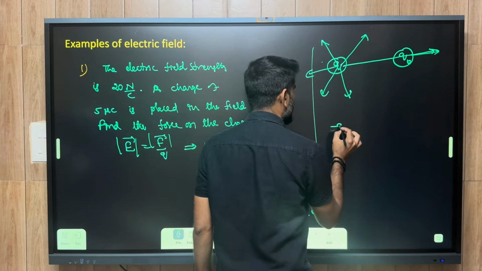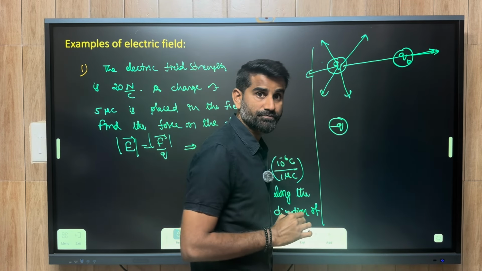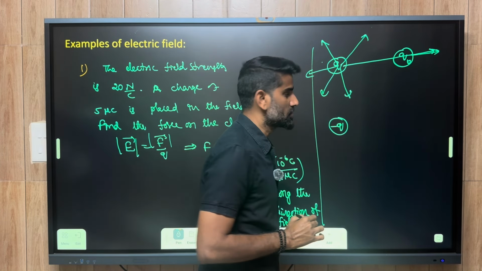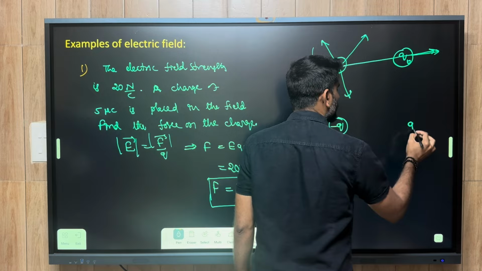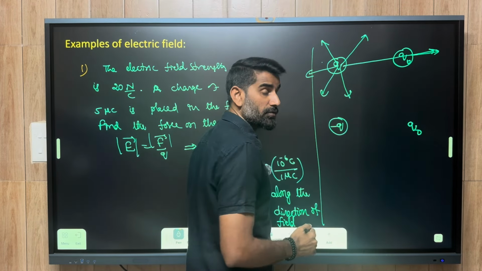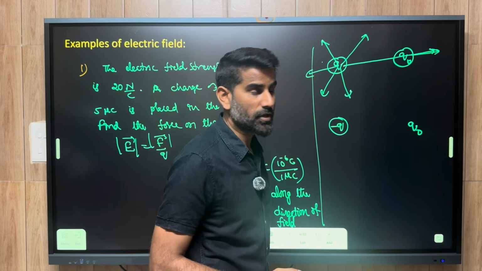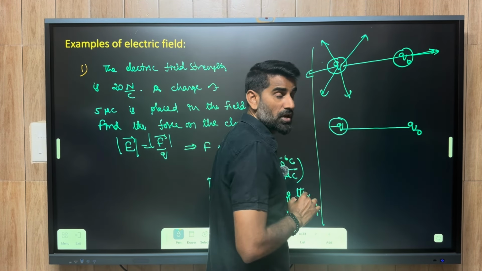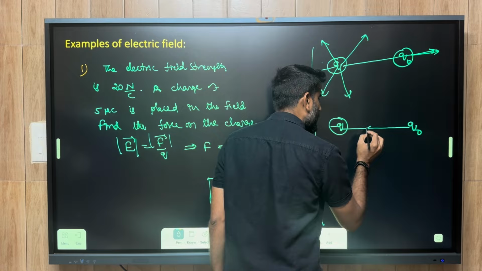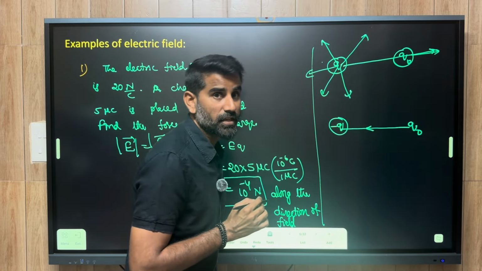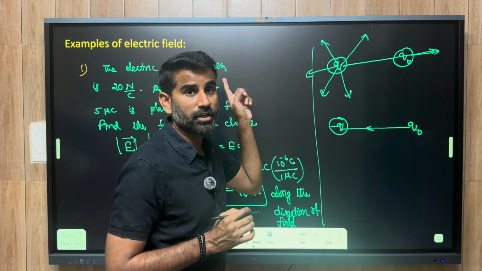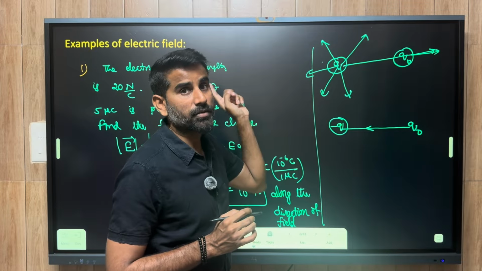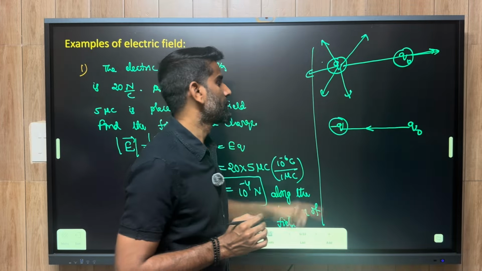Instead of taking the positive charge, let's say I've taken a negative charge. And I've taken Q0 in the field of the negative charge, minus Q. Then what happens? The separation between them is this one, and the field due to minus Q is towards the charge. This is the point that I have already explained in the properties of electric field.